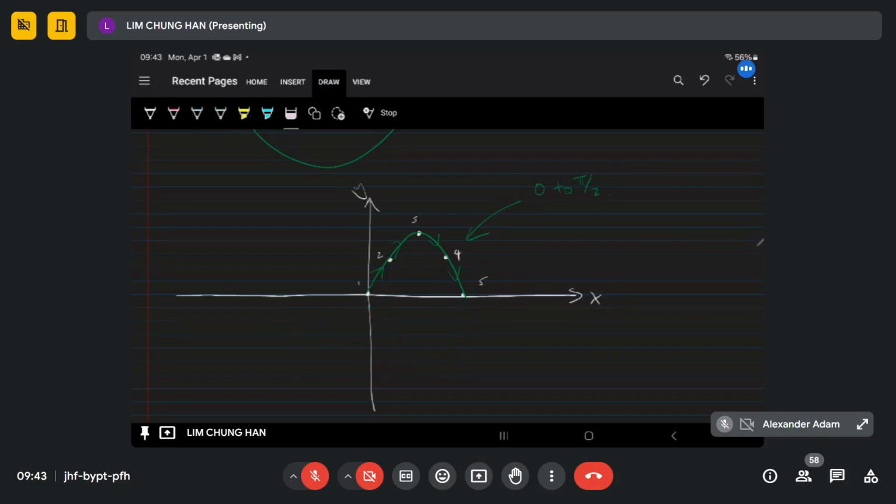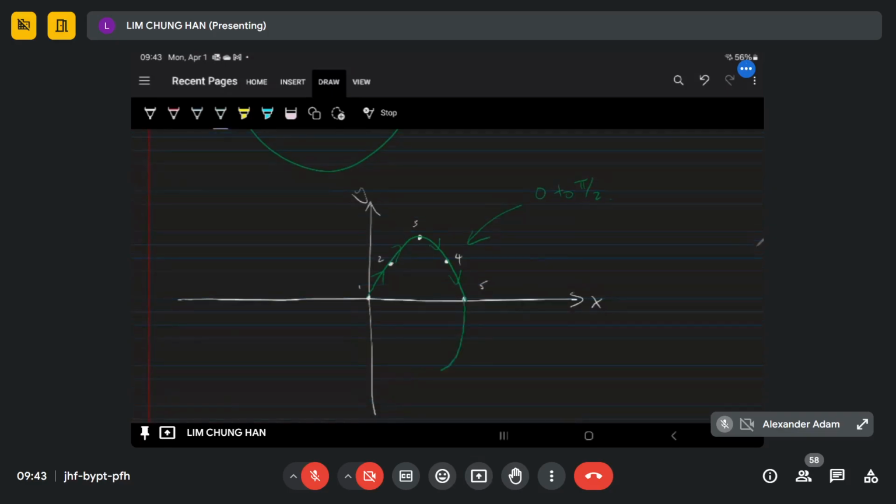Sorry, my hand's shaking just now. So it can only continue the same shape here. So this is from pi over 2 to pi. If you don't believe, never mind.